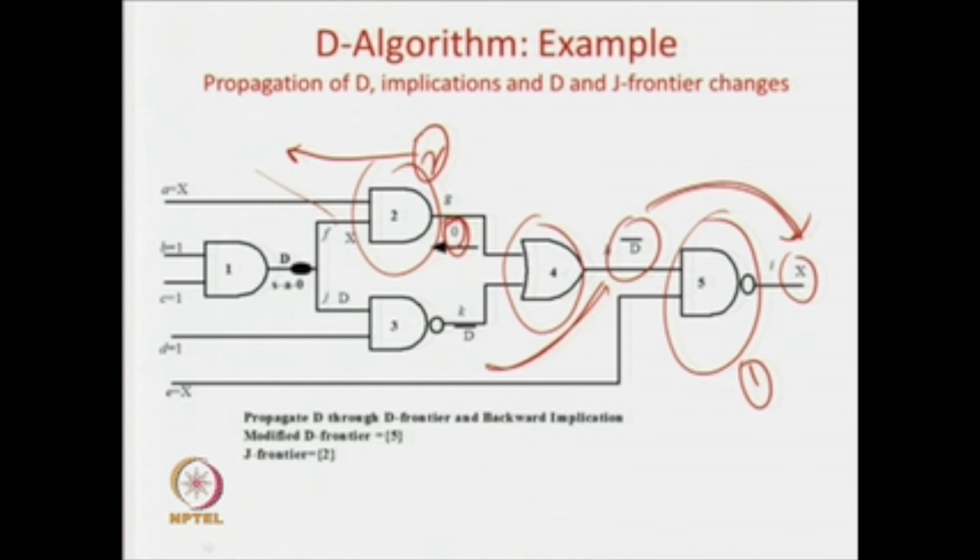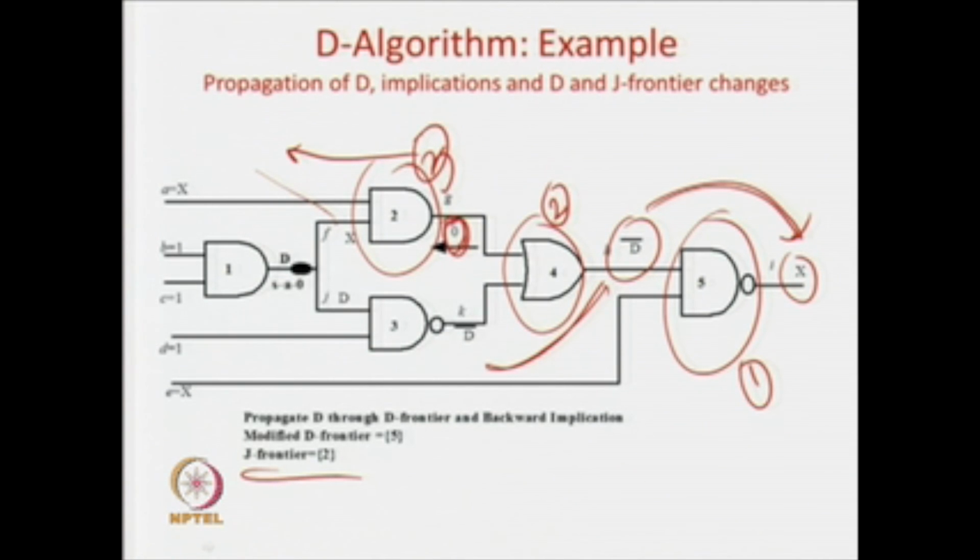That can also be solved by backtrack, that is, by backward implication of the J frontier of gate number 4. So, this is point number 2 that is being done. As well as, whenever this value of 0 has been done here by backward implication, immediately you know the output is 0 and the inputs are x. So, gate number 2 will become a part of a J frontier. So, these are the 3 things: 1, 2 and this is the third thing. So, these 3 things happen.